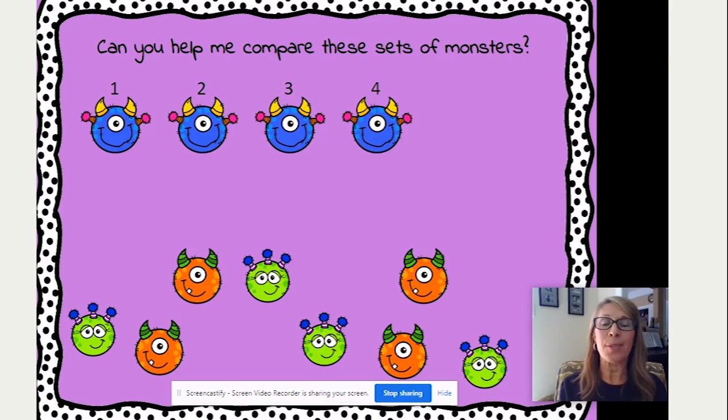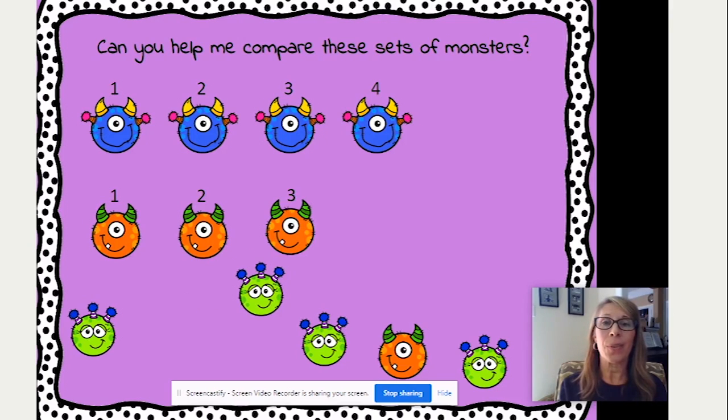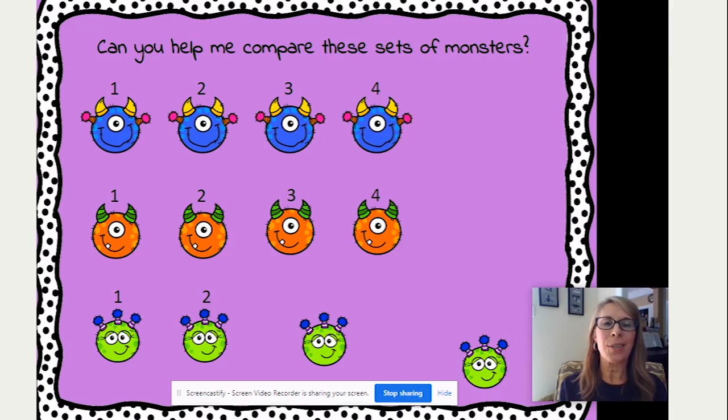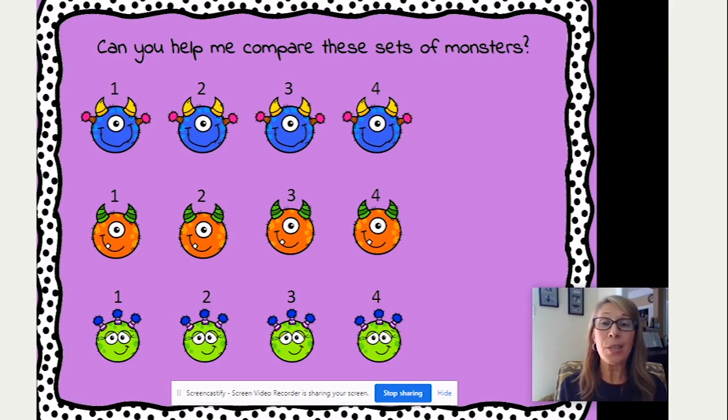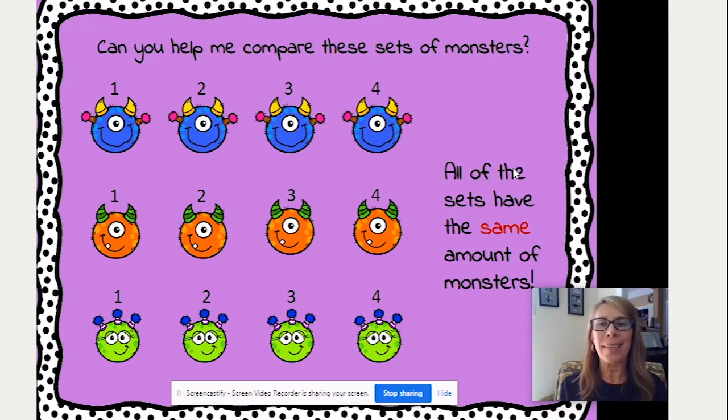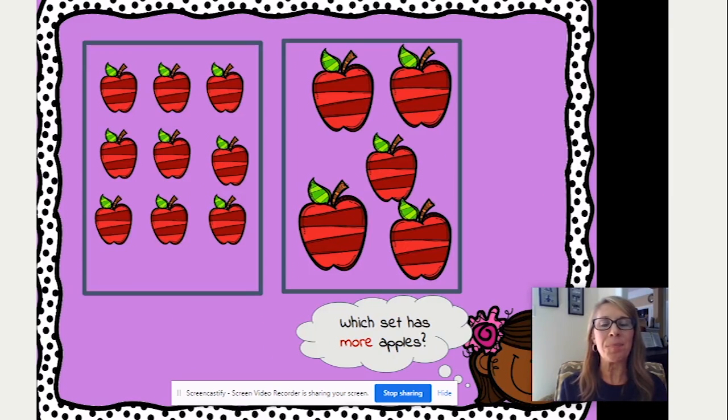Let's count the orange monsters next. 1, 2, 3, 4. And the green monsters. 1, 2, 3, 4. What do you notice, boys and girls? I agree. Do you see equal sets? That's right. All of the sets have the same amount of monsters. Great job.